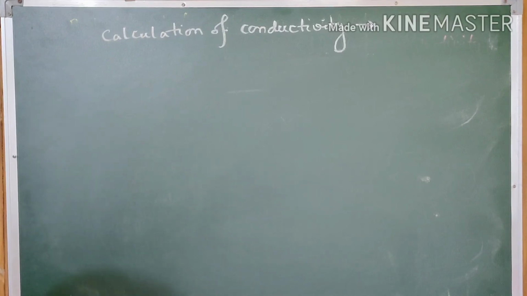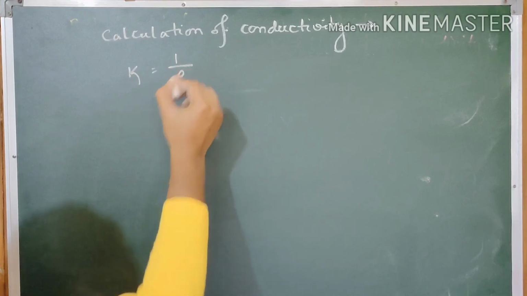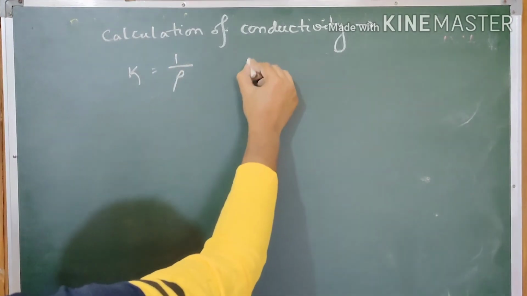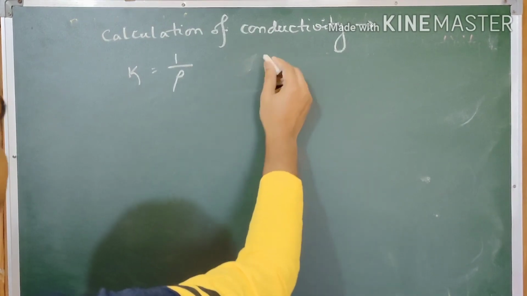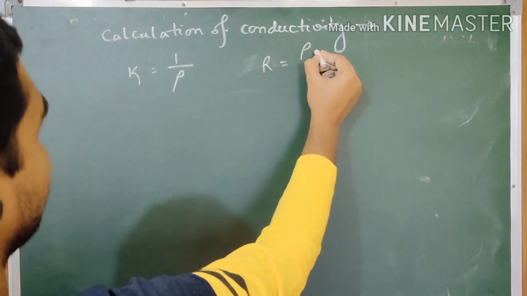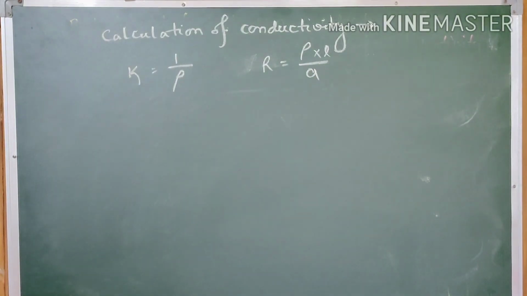Furthermore, if we are talking about the calculation of conductivity, we have already seen a few equations, that is, kappa is equal to 1 by rho, and R is equal to rho into L by A. So these two equations or formulas we have already seen.